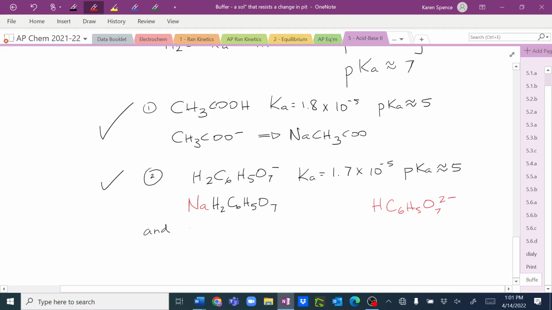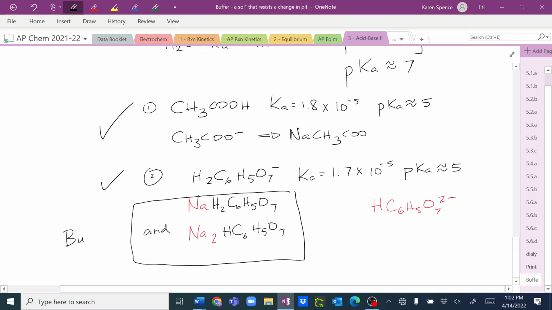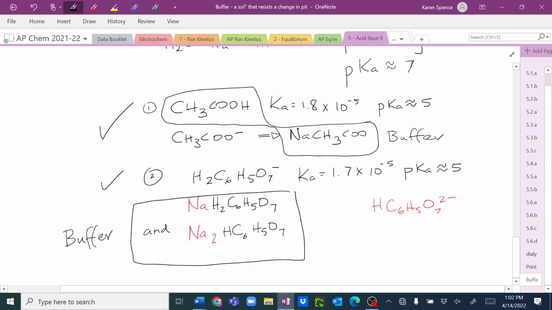So we would then have Na2HC6H5O7. I don't know why I wrote the 2 minus. It shouldn't be there because they've got the Na. So this would make our buffer. Those two together.